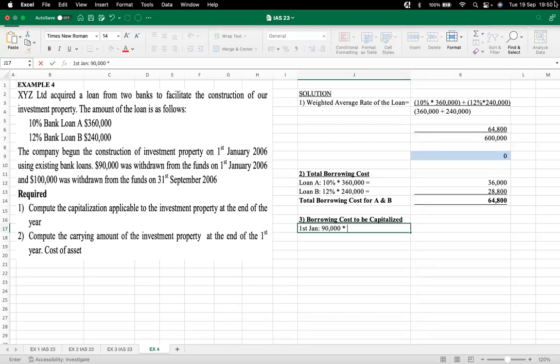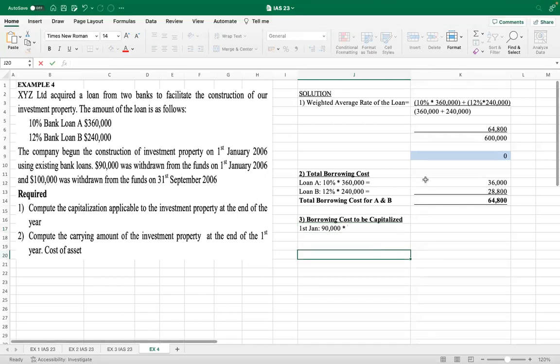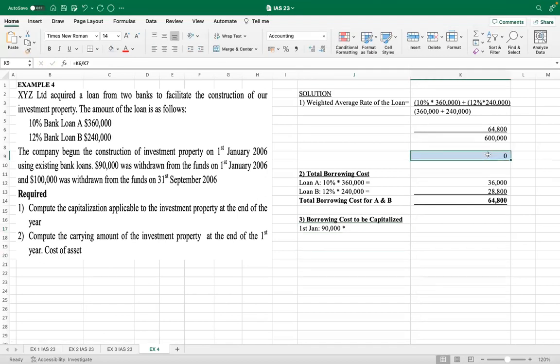And then the average interest rate. I was looking for it and it was missing, that's why I've gone back.